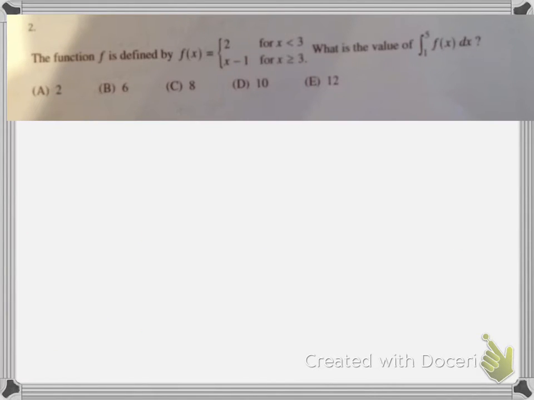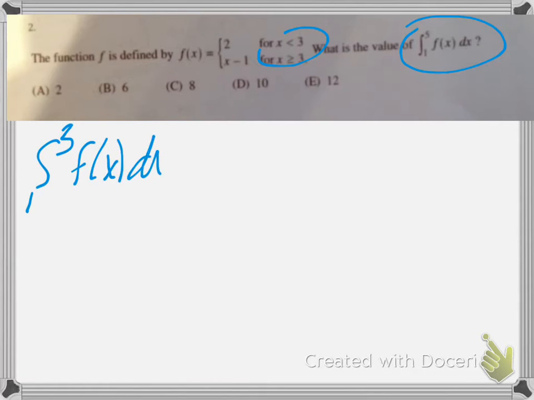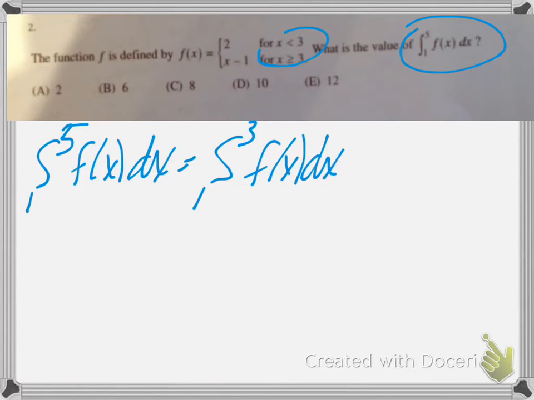Okay, so for number 2, we're doing the area under the curve from 1 to 5. The problem is that we only have functions for values from under 3 and then above or equal to 3. So we're going to break this integral from 1 to 5 into 2 integrals. We're going to go from 1 to 3, and then we're going to go from 3 to 5.